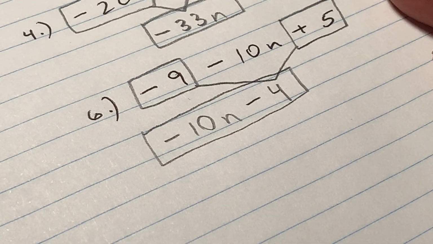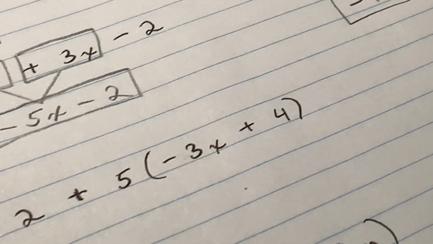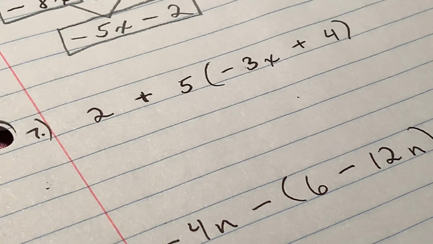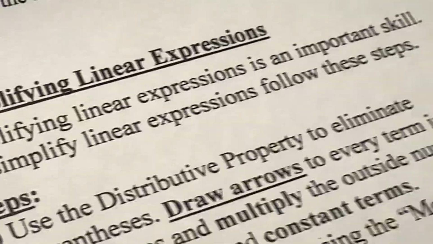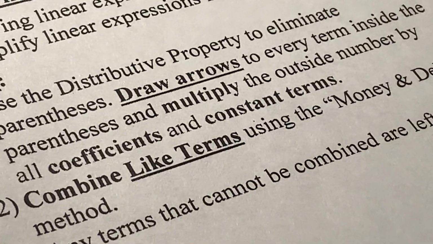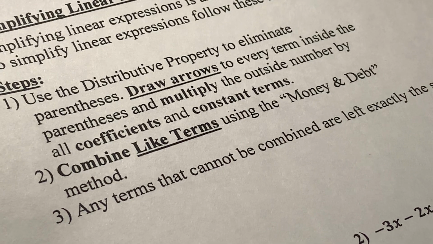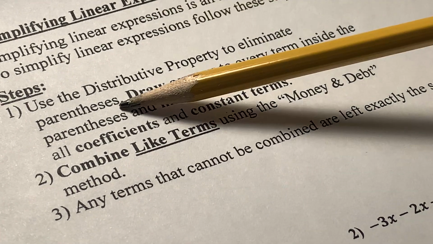Now, let's look at some problems with parentheses. The very first step that we read in simplifying linear expressions, it said very simply, right? Use the distributive property to eliminate parentheses.